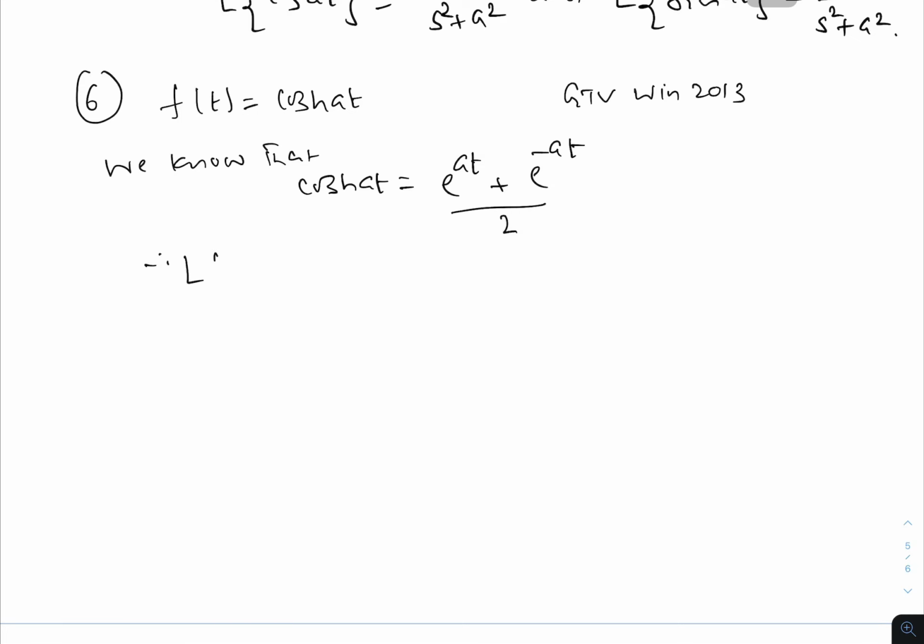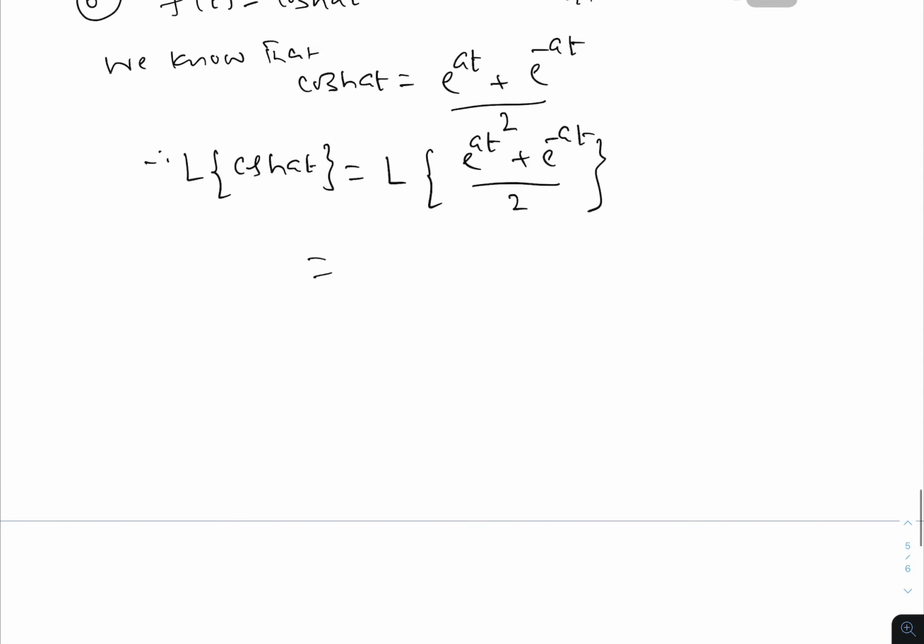So Laplace transformation of cosine hyperbolic at equals Laplace transformation of e power at plus e power minus at divided by 2, and we use the linearity property here. So this is 1 by 2 Laplace transformation of e power at plus Laplace transformation of e power minus at.